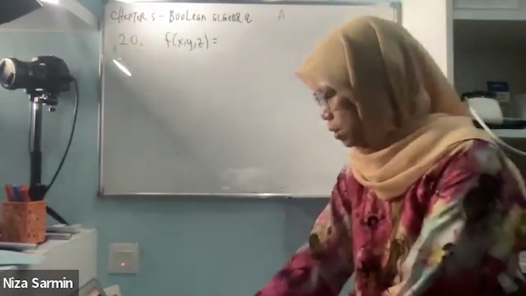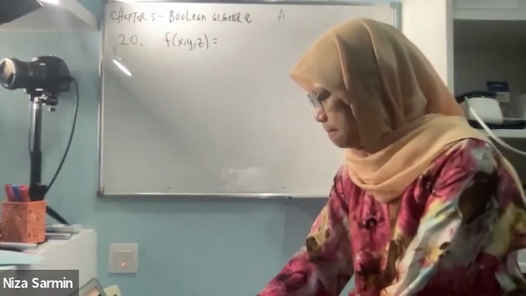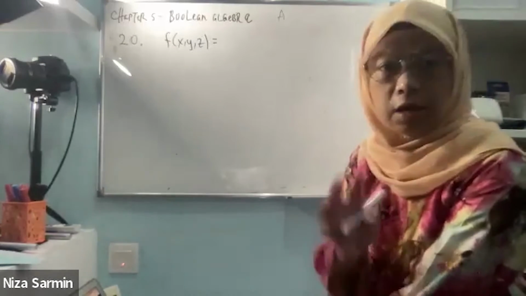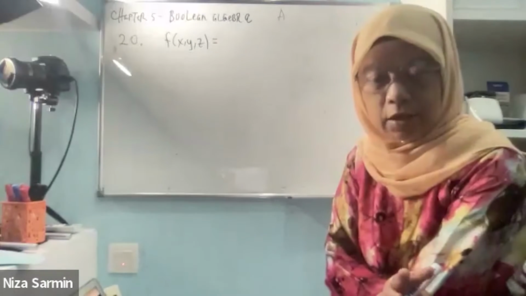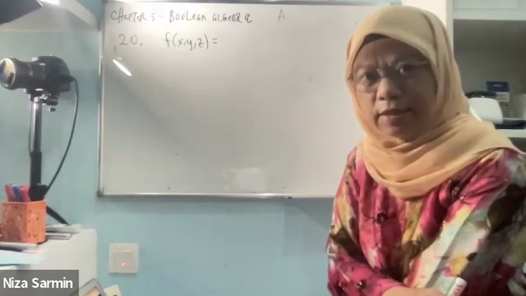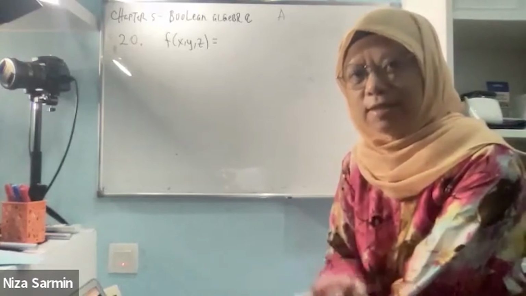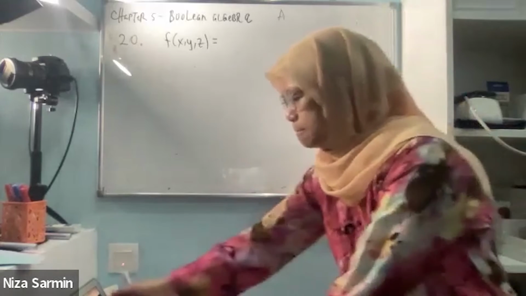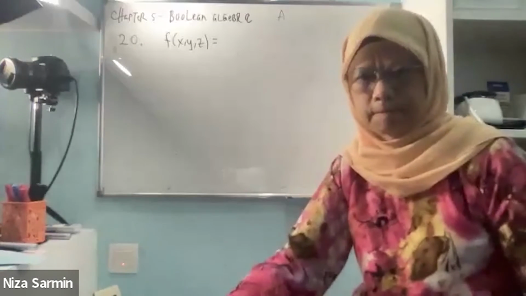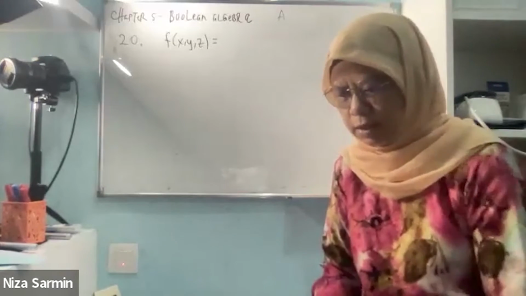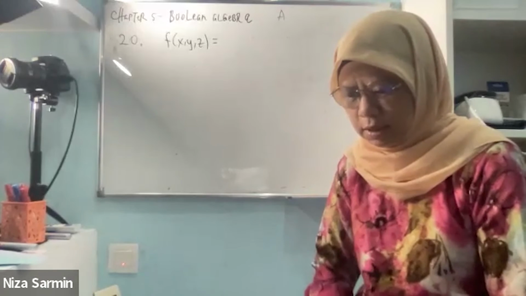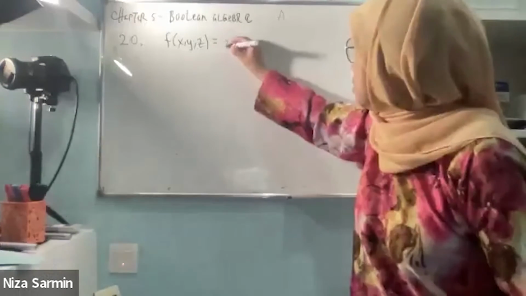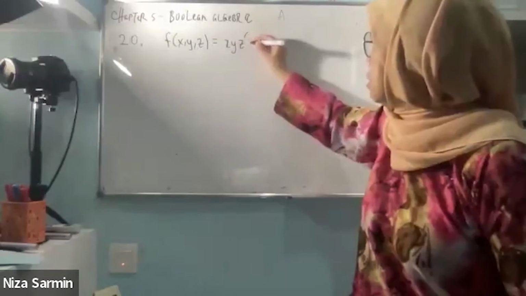Okay. 20, the second table. At least 1, 2, 3, 4. There are 4 ones. Okay, number 20, there are 4 ones. So you just take the ones. Okay, number 20. So the first one is X, Y, Z prime.